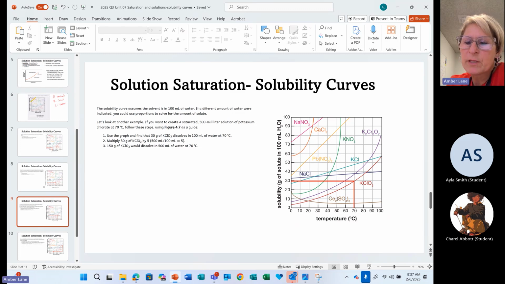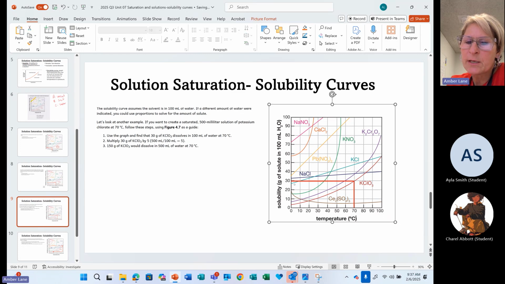So we're going to go over to the 70 degrees. Now we want a saturated solution, so it's got to fall on the line, right? So I'm going to go over, of course, to 70 degrees, and go up until I hit the line because they want a saturated solution.